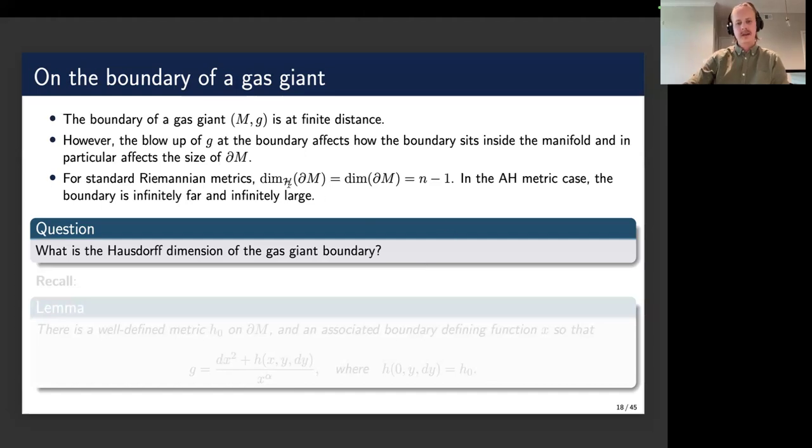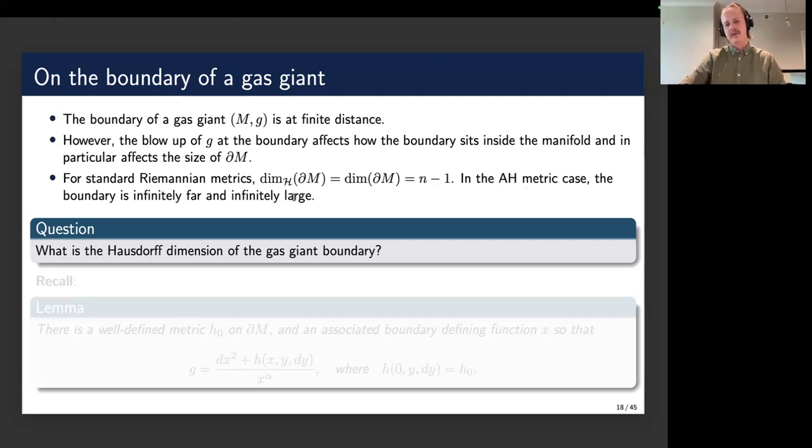If we take just a standard smooth Riemannian metric, then the Hausdorff dimension of the boundary will always equal the topological dimension of the boundary, which will be n-1, let's say.